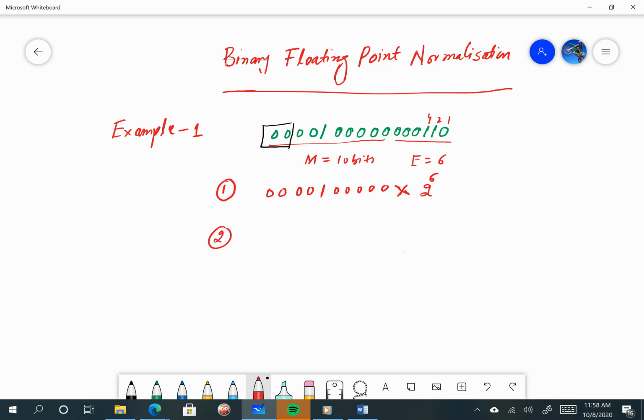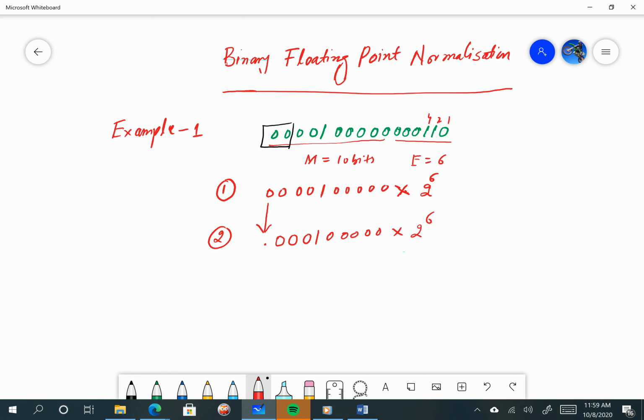How is it to be done? First of all, instead of this 0, I will write a point here. First I will create the point here, then 0 0 0 1, and the 5 zeros I already have, into 2 power 6.